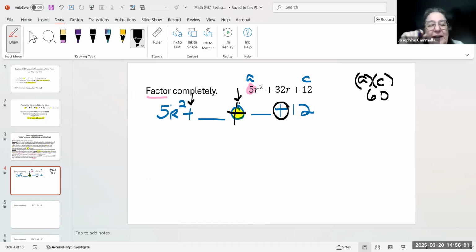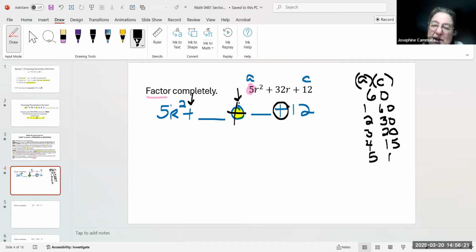Okay. Now, this may require a little more work on your part. This is going to be 1 and 60, 2 and 30, 3 and 20, 4 and 15, 5 and 12, 6 and 10.